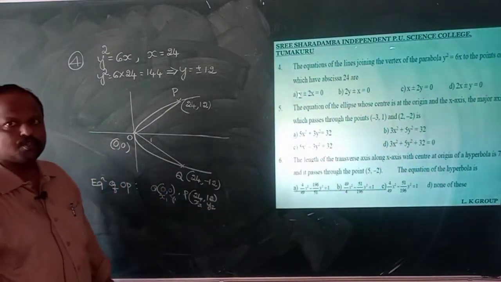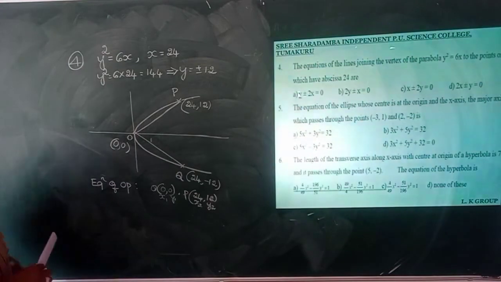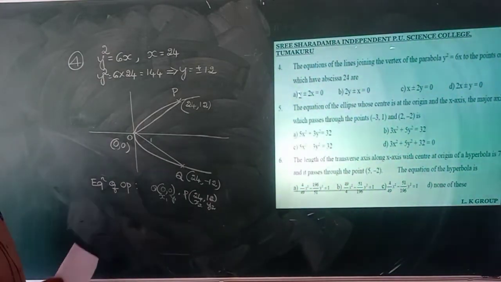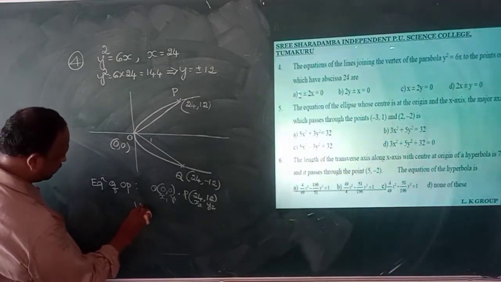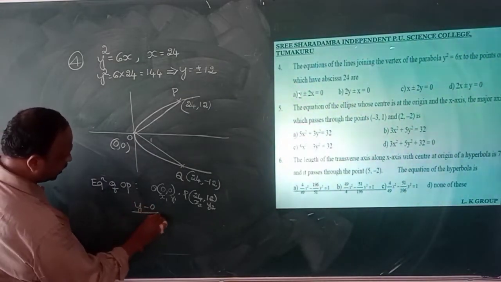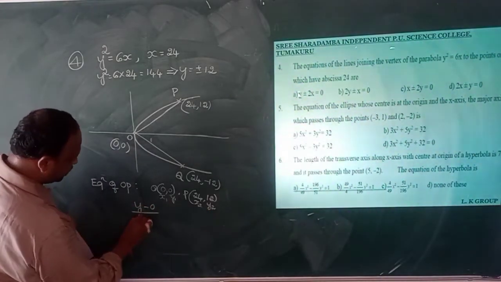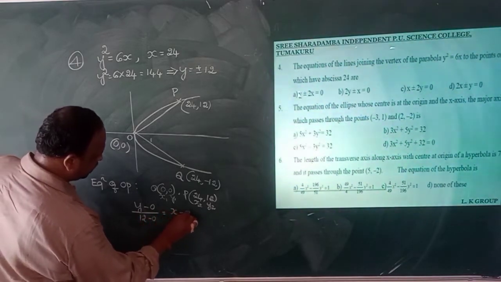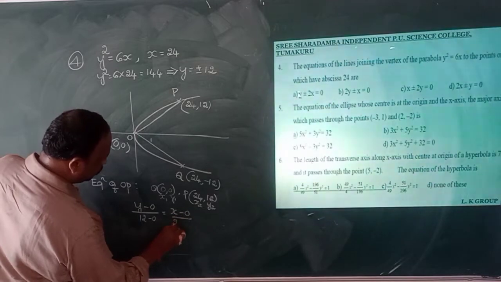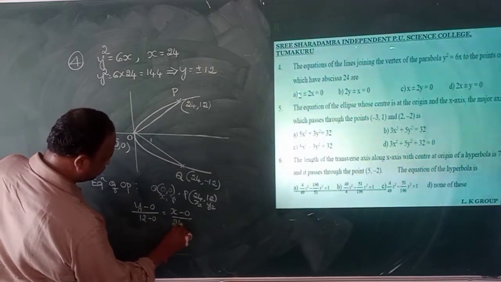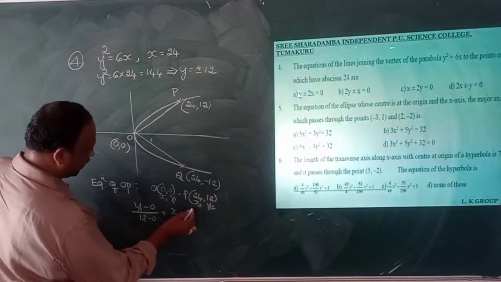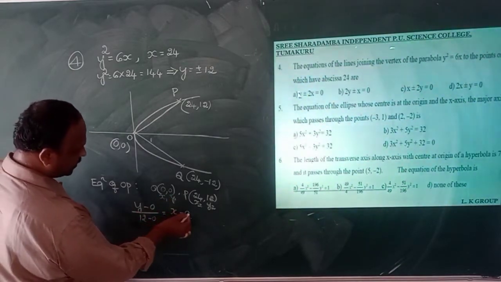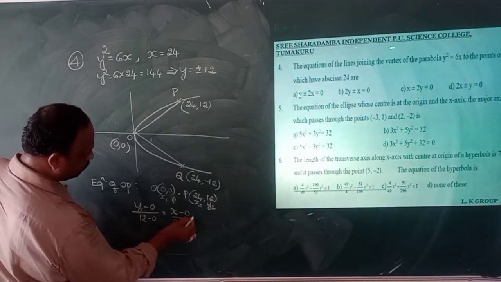The equation of a line joining two points is always given by (y minus y1) divided by (y2 minus y1) is equal to (x minus x1) divided by (x2 minus x1).